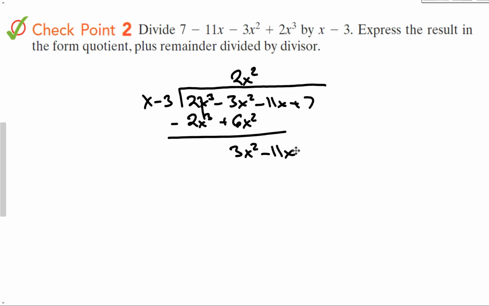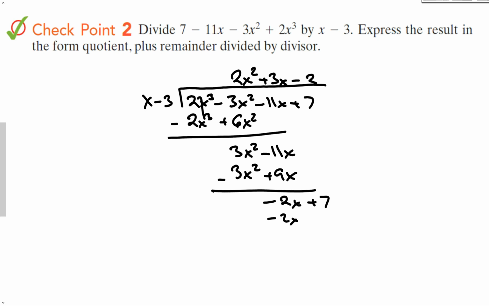Do it all again. 3x squared divided by x is 3x. When I multiply 3x times the x, that's 3x squared, and 3x times minus 3 is minus 9x. Subtract gives me a negative 2x. Bring down the 7. Divide: minus 2, minus 2x plus 6.